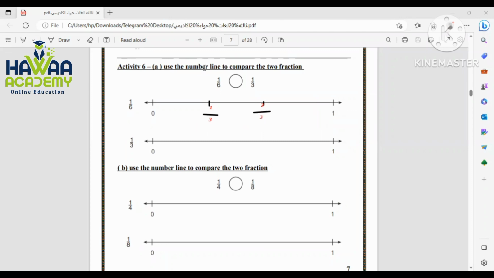And here, 6 equal parts. 1 over 6, 2 over 6, 3 over 6, 4 over 6, 5 over 6, and this is 6 over 6.